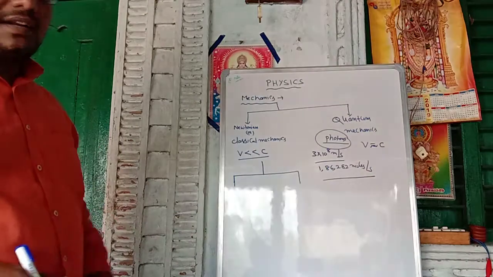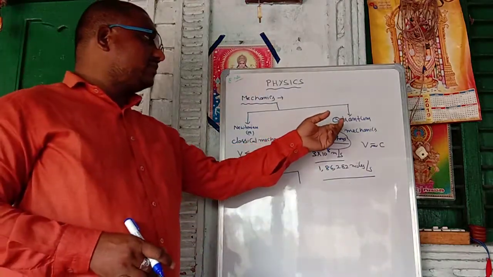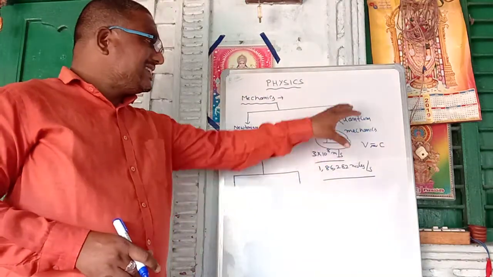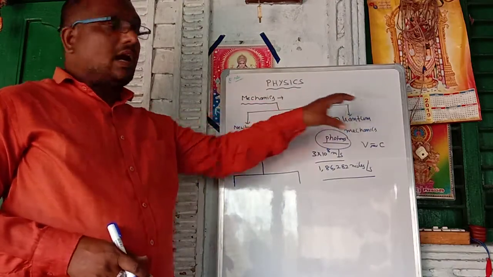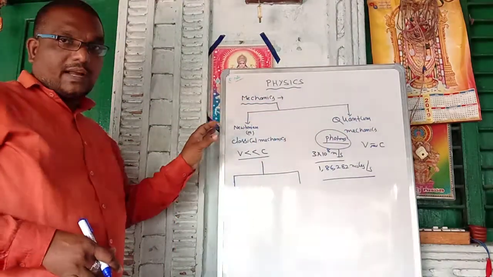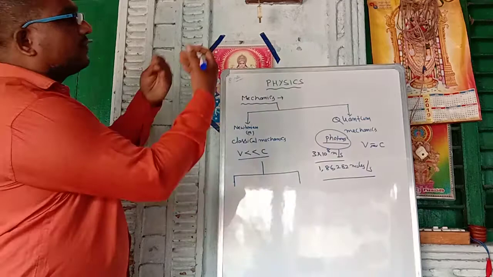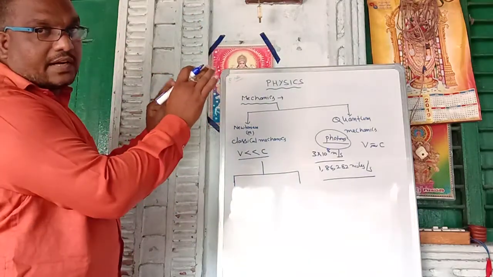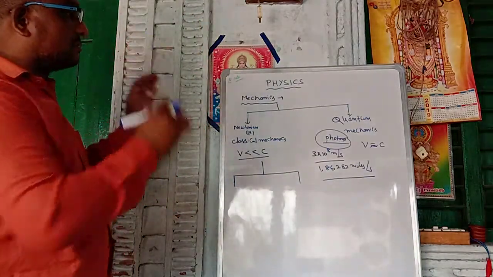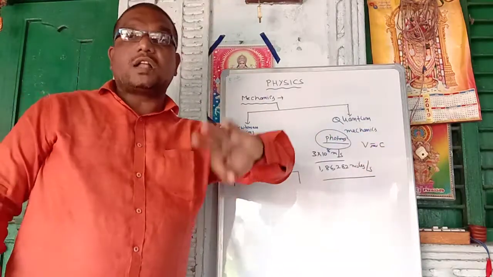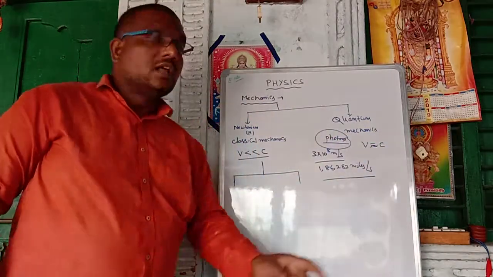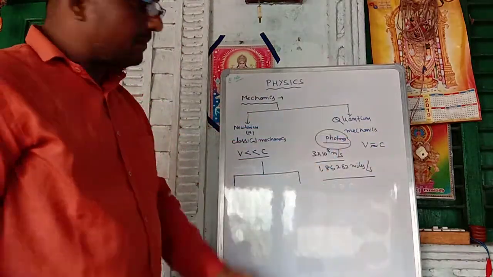But later, after 1900, scientists proposed quantum mechanics. So classical mechanics is the study of the macro world, and macro means big. It is applicable to all big bodies like planets and stars. Quantum mechanics is applicable to very small particles, so it is the study of the micro world.